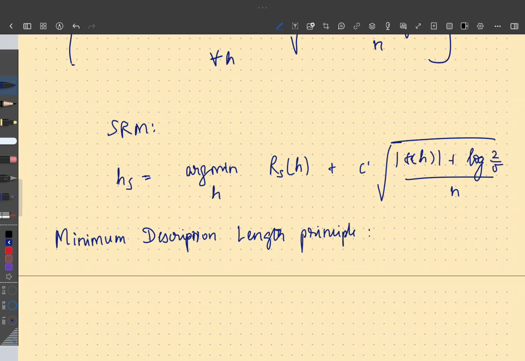So you can think of the prefix-free code as some general way of representing or describing the predictor in some language. In this case, it's binary. All right. There's a much deeper and richer theory behind all of this, but this is just the way this is used in machine learning.